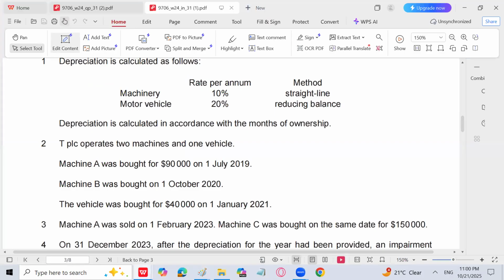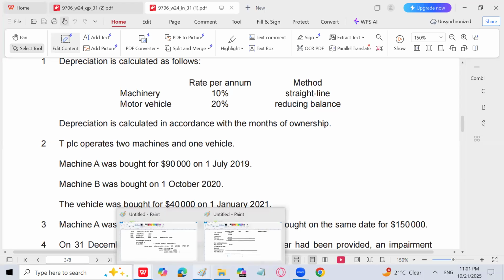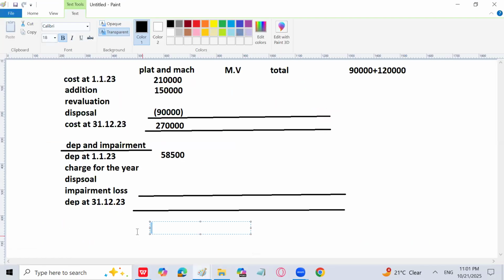Because it is on a month-to-month basis, we have to calculate depreciation on the cost of 90,000 for 1 month also. So 31,500 plus, in order to calculate total depreciation, 90,000 into 10% into 1/12. Why? Because we are going month-to-month, so 1/12. I will calculate. So the answer is going to be 750. I think so. That is 750. I can't say with complete certainty. I want you to do that also along with me. So the total is going to be 32,250.